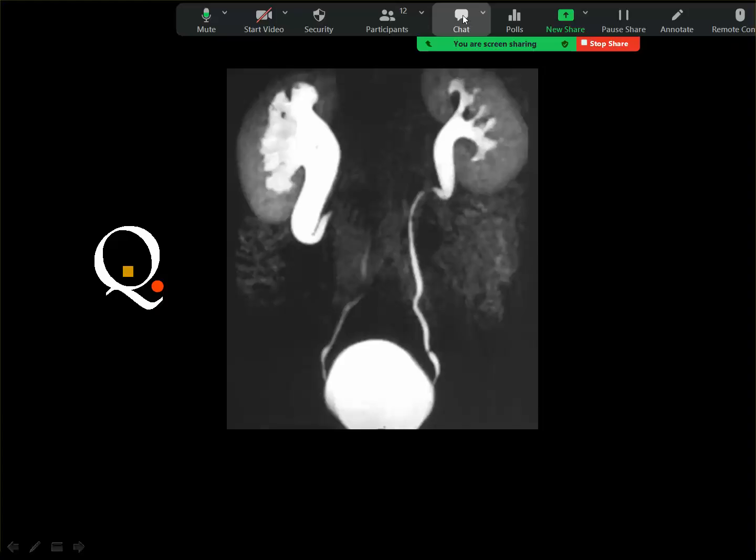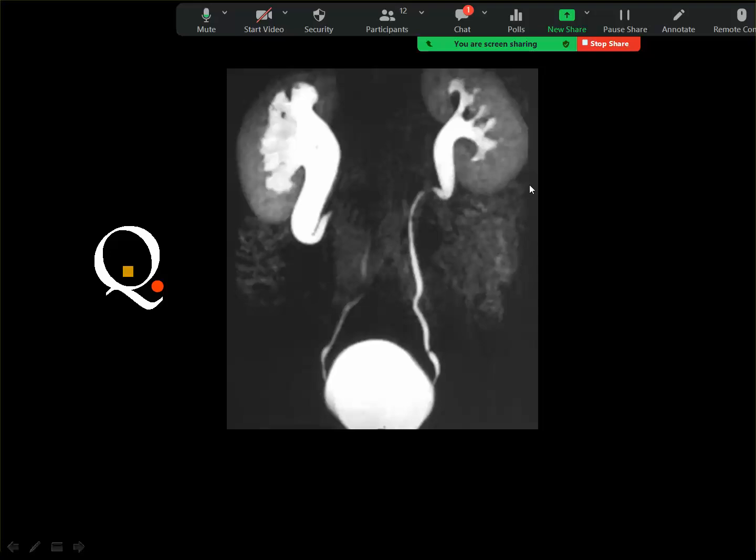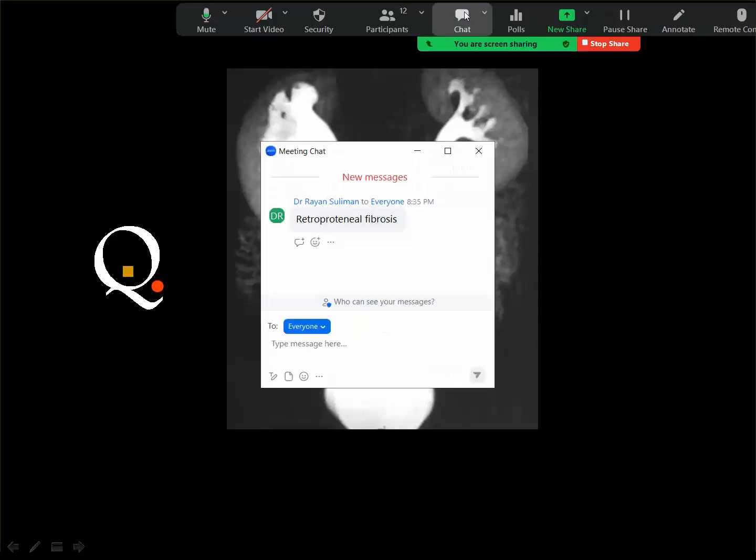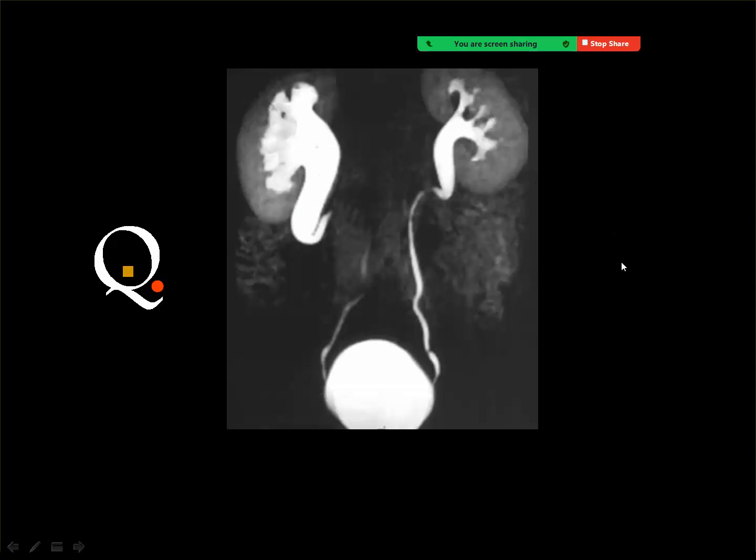Still no answers coming on the chat, and if you look carefully on the MR urogram, you can see, no, this is not retroperitoneal fibrosis.